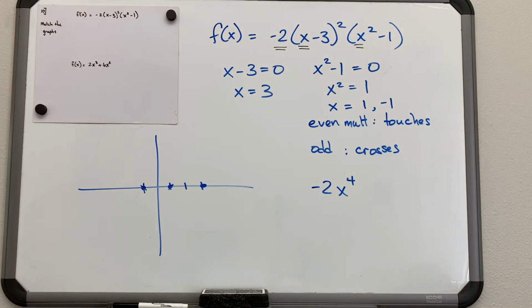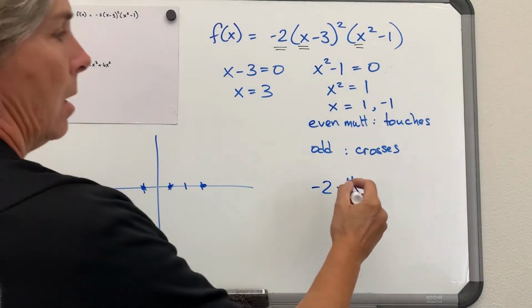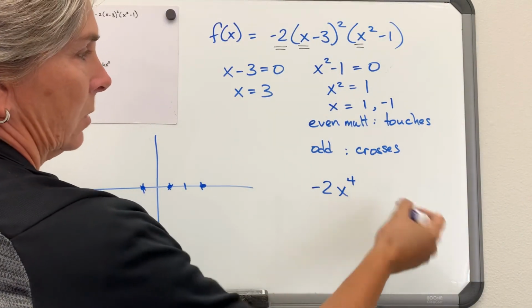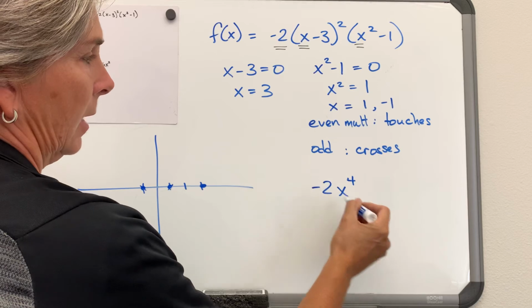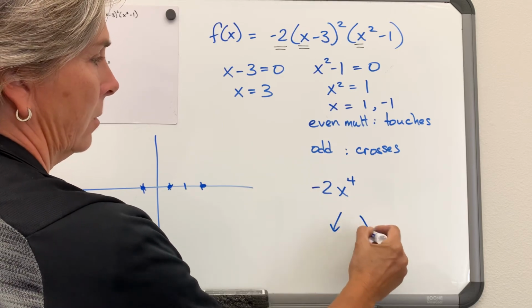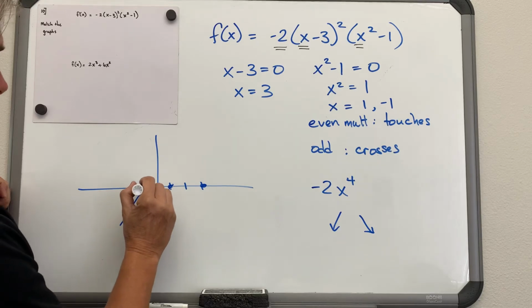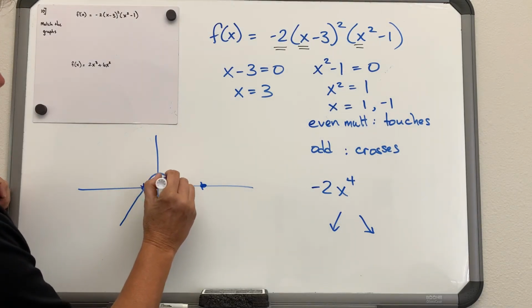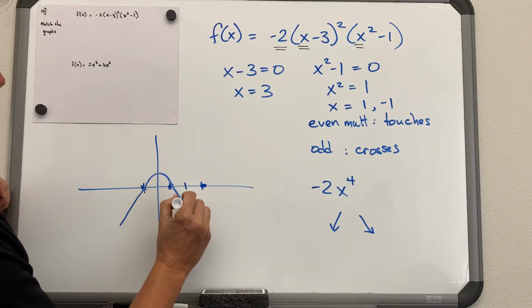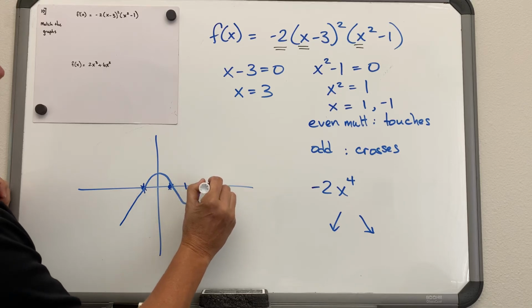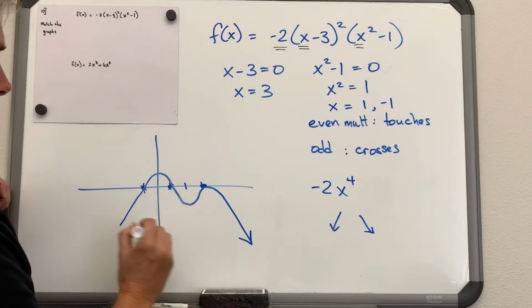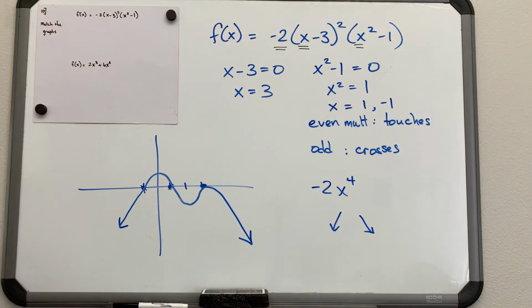If that had been my leading term, the 4 is even, so my tails are going the same direction. It's negative, so they're both going to go down, right? Which means I would start down. This crosses. It has to turn back around to cross through that. Has to come back to get to that, but that bounces, and then it's going to end down. Both tails are going to end down.